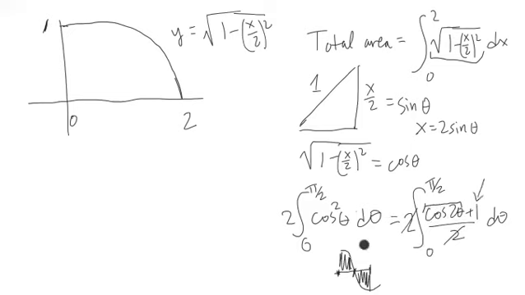But let's just verify that by taking the antiderivative and see. The antiderivative of cosine 2 theta would be sine of 2 theta over 2, and you can double check it. Taking a derivative here, you do get back to cosine 2 theta. Okay, so then if we just did this part individually from 0 to pi halves, let's see what happens.